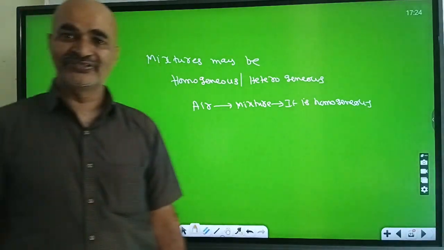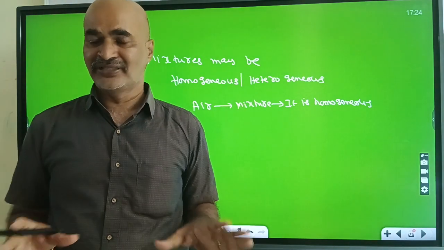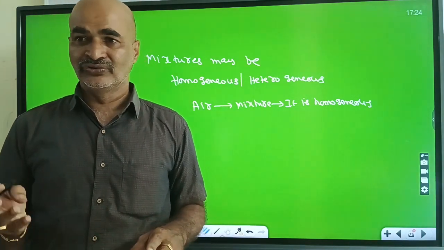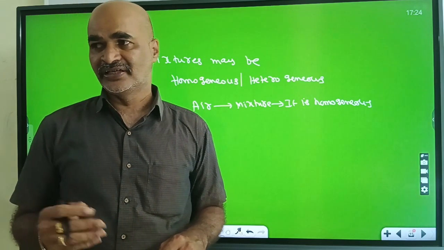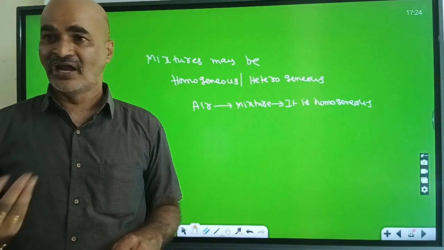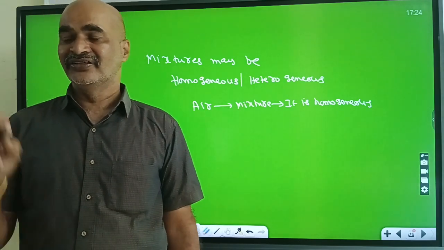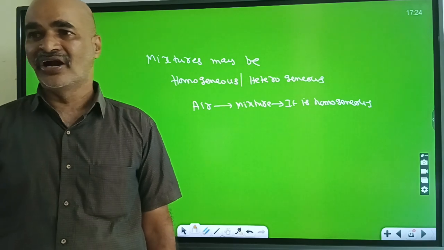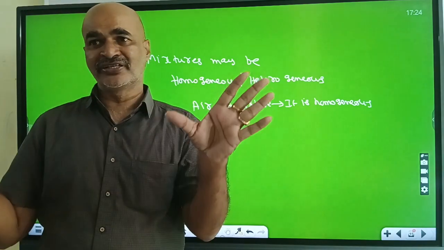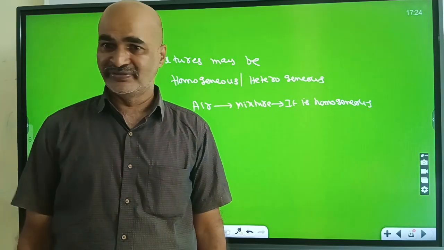It is homogeneous. Why? Air contains different substances: CO2, CO, carbon dioxide, nitrogen, oxygen. But you can see air in a single phase. Our naked eye can't see different substances in the air. So air is a homogeneous mixture.